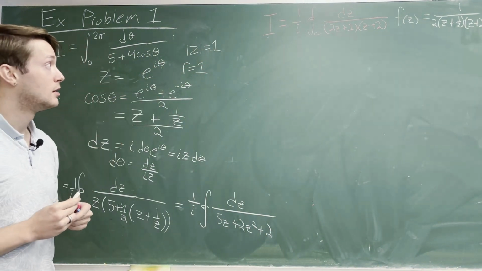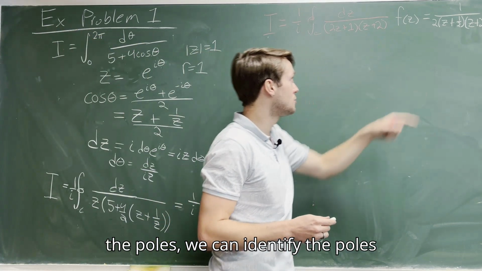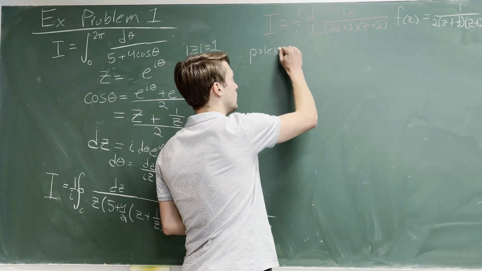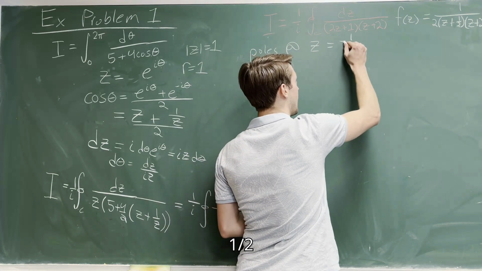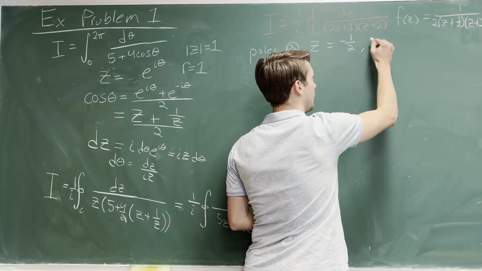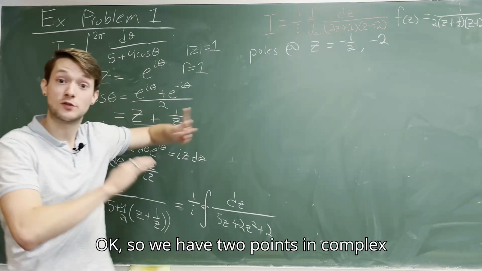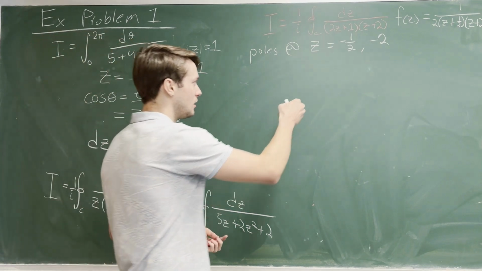So if we are looking for the poles, we can identify the poles are at z equals minus 1/2 and minus 2. Okay, so we have 2 points in complex space where our function blows up. Let's plot this.